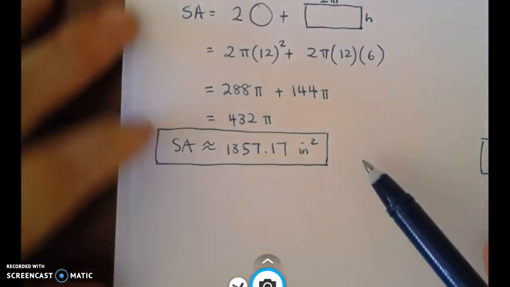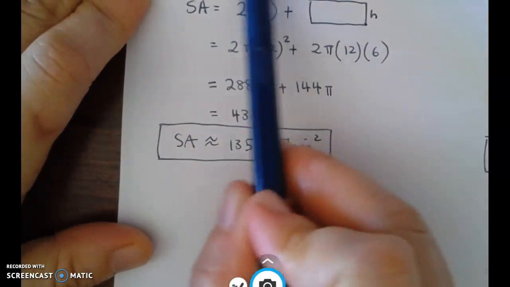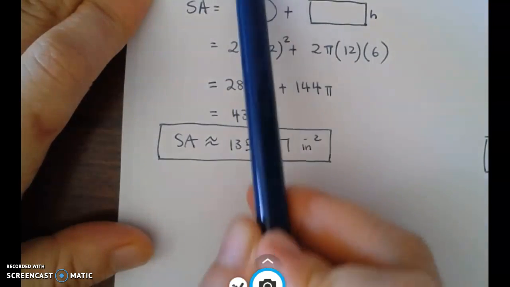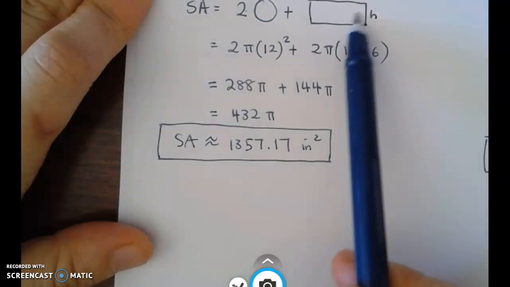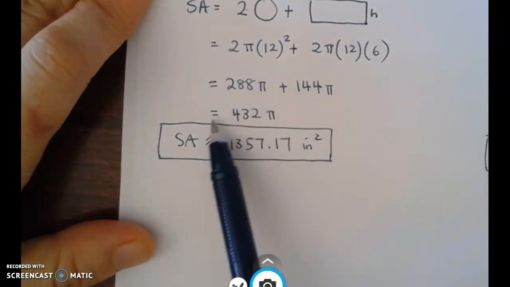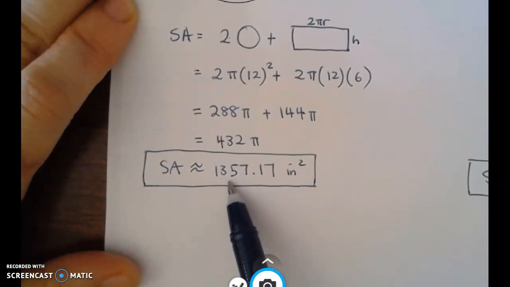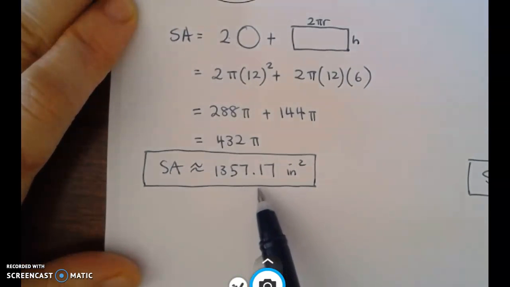Number 3, surface area is going to be the 2 circles, top and bottom of the cylinder, plus the side rectangle, and you substitute the values and you should have gotten 1,357.17 inches squared.